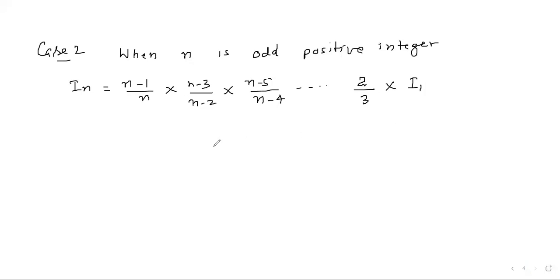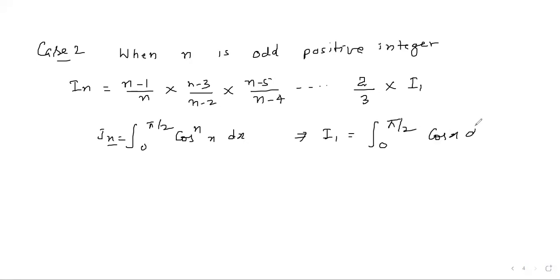Now we can integrate to get I_1. So we have I_n as the integral from 0 to pi by 2 of cos power n x dx. If we put n equal to 1, I_1 equals the integral from 0 to pi by 2 of cos x dx. The cos x will give sin x with limits 0 to pi by 2. So this will give 1.